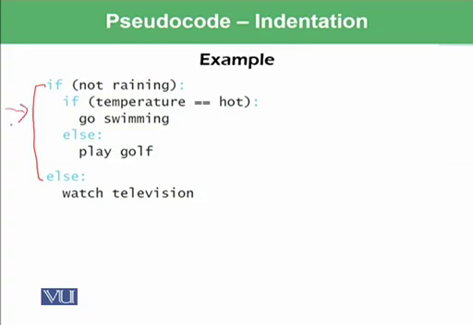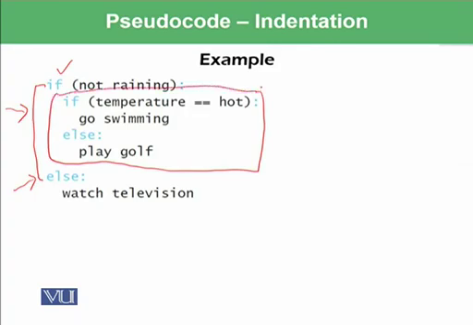If this if is correct, then you go over here. However, if this if is incorrect, then you go over here. If the first if is false, then you do not execute these statements. This means these statements are indented a little bit with more space. This is the meaning of indentation.